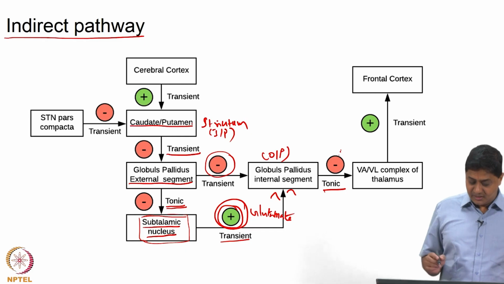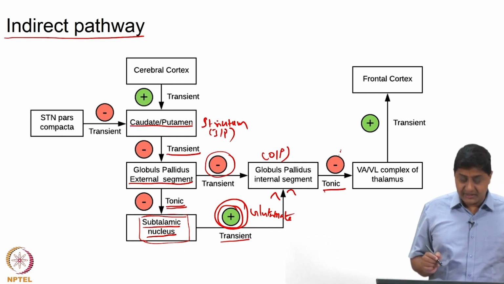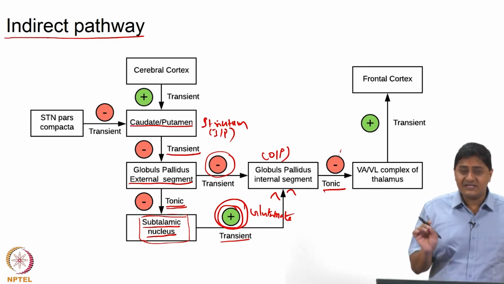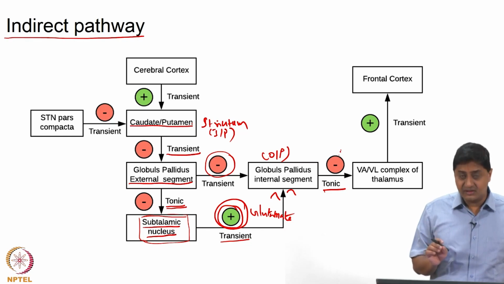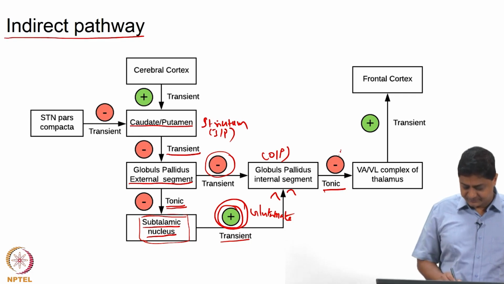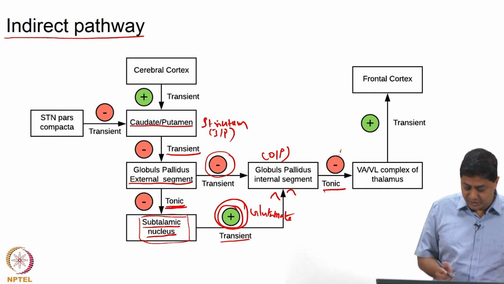So, inputs coming in from the striatum briefly, transiently halt the activity or the tonic inhibition provided by the globus pallidus external. So, that means what? Essentially, inhibition provided to the subthalamic nucleus is reduced whenever there is a positive input that is coming in.